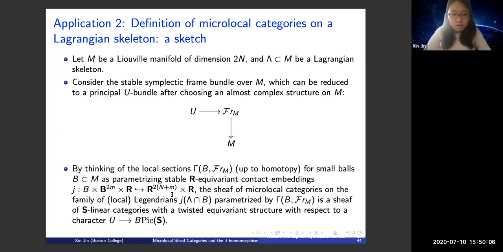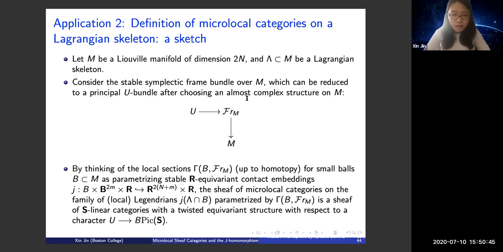So then for their image here, for each open set in your Lambda, you get a family of Lagrangians, and then you get a family of microlocal sheaf categories. So then the upshot is that this defines a sheaf of microlocal categories on F, this frame bundle restricted to Lambda.